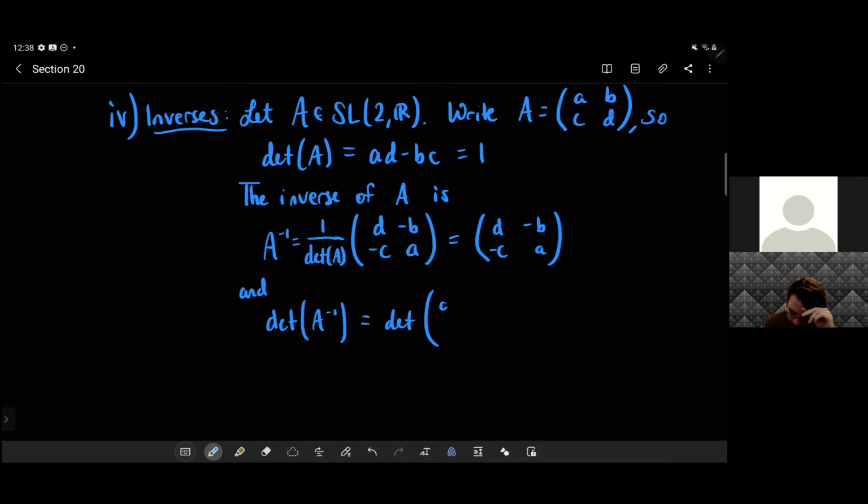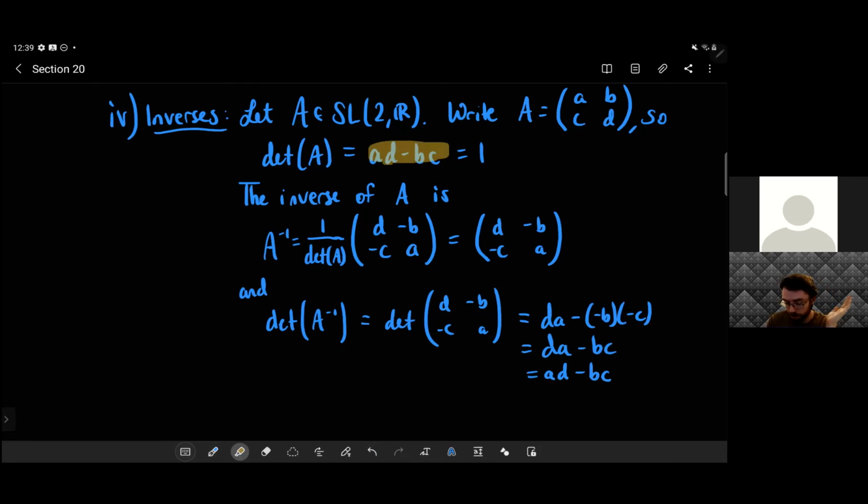It's the same as the determinant of D, negative B, negative C, A. That's DA minus negative B times negative C. It's the same as DA minus BC. It's the same as AD minus BC.